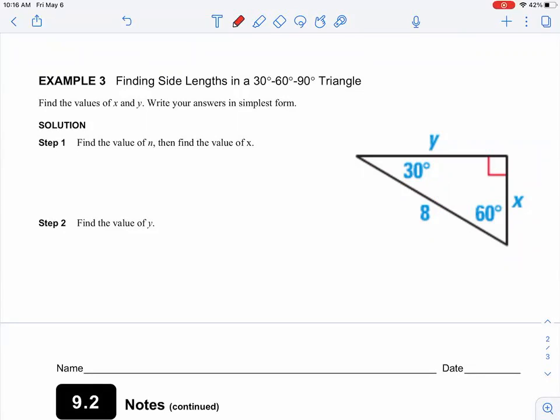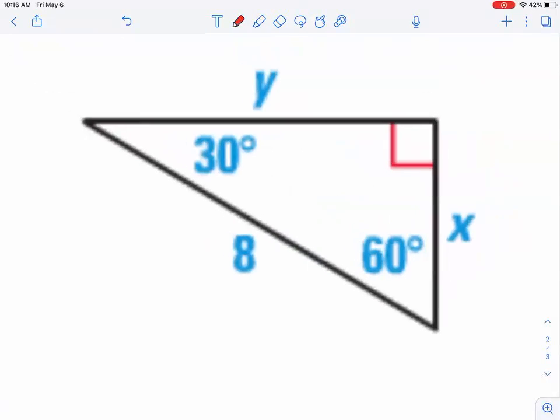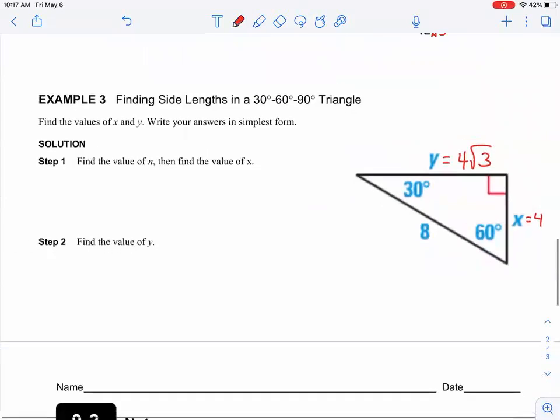So the relation between the hypotenuse and the short leg, which is always across from the 30, is that the short leg is half of it. So x is going to be 4. And then that means the long leg is the short leg times the square root of 3. Okay, now we're done.